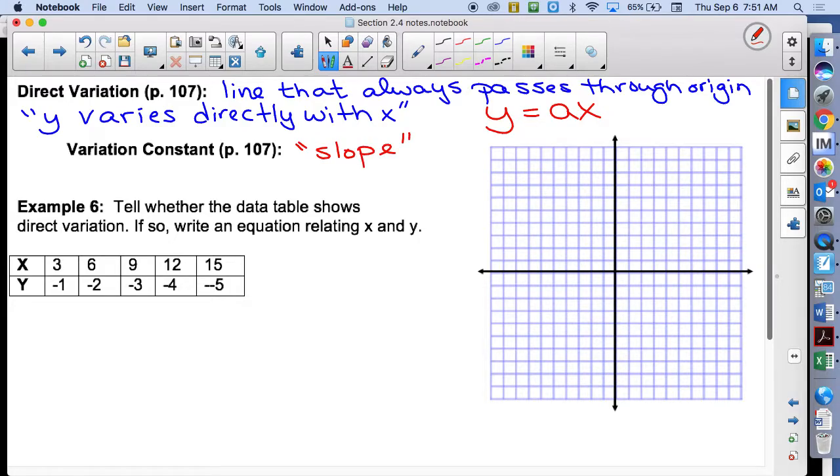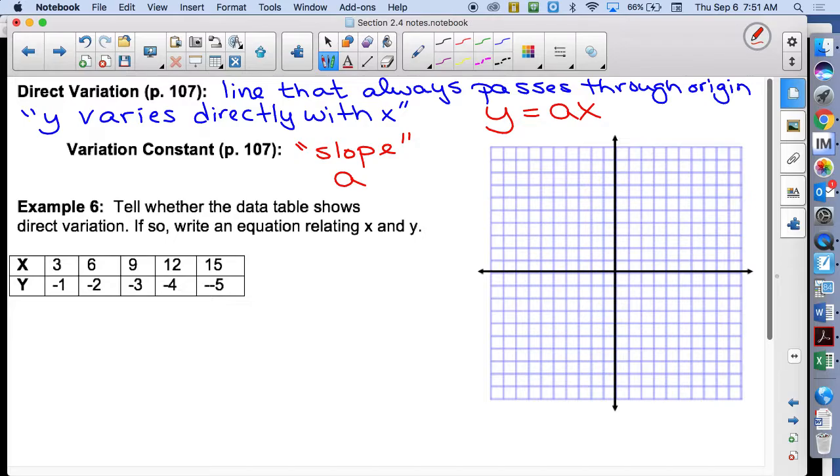And in this case, it's the letter A. So every line's slope is constant because it rises and runs at the same rate. That's what makes it a line. Up 2 over 1, up 2 over 1, up 2 over 1. It's constant. So for a direct variation, we call it a variation constant, because it's a special line, it's a special name. But it really means the slope of the line.